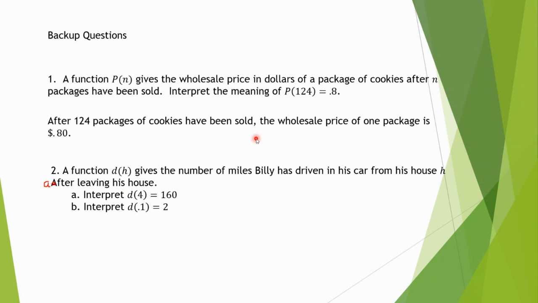So what would A be? In this case, it looks like h is 4, because that's our input. So 4 hours after Billy left, he has driven d of 4 miles. That's 160. So 4 hours after Billy left his house, he has driven 160 miles.